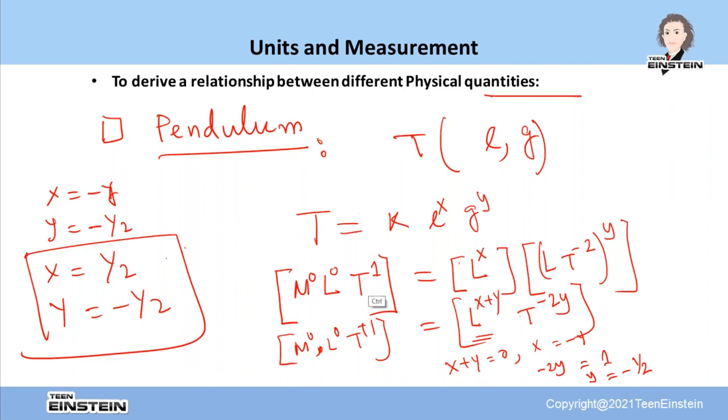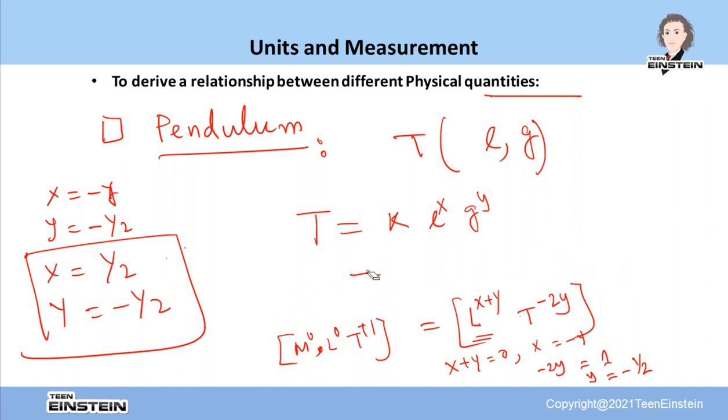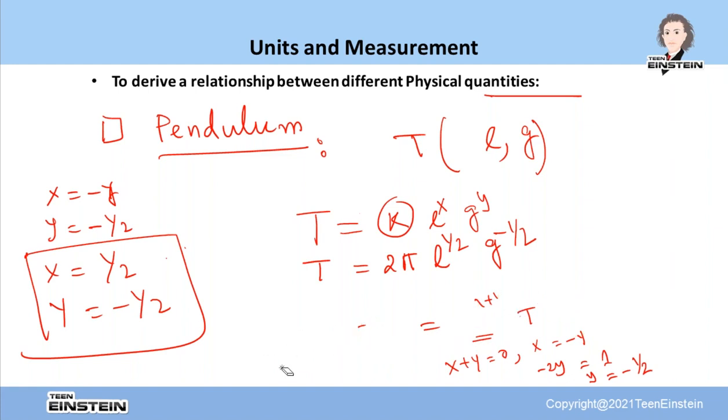I'll write that in this equation. So T is equal to, this k was found to be 2 pi, and L is to the power half, and g is to the power minus half. In our known format, half means root, and minus half means 1 by root, the reciprocal of the square root.